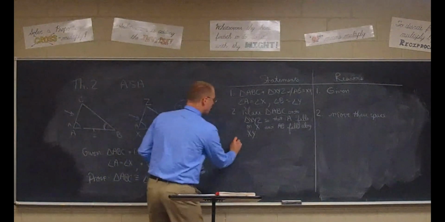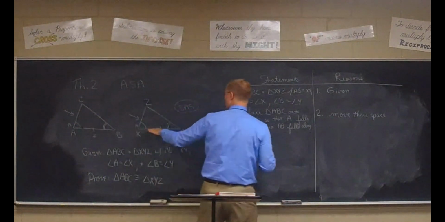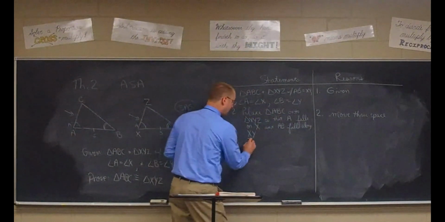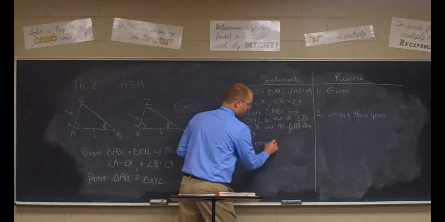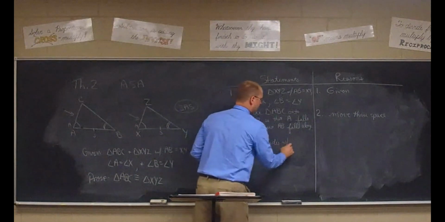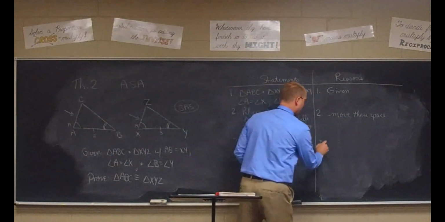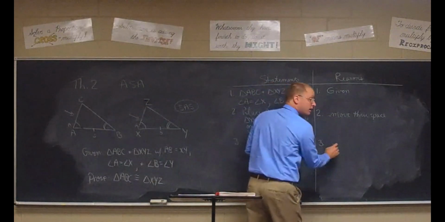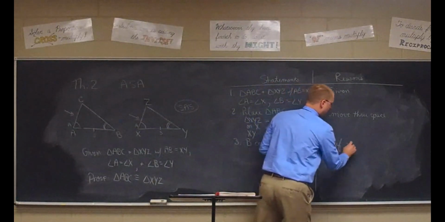So I do know, not just that AB falls along XY, but that B must coincide with Y. B coincides with Y. It has to, because the line segments are equal. Therefore, the endpoints can be made to coincide.